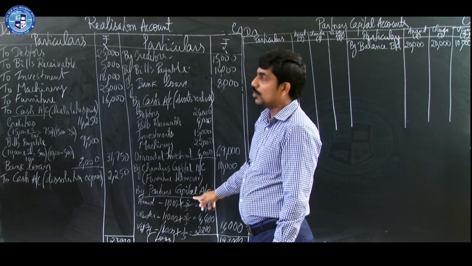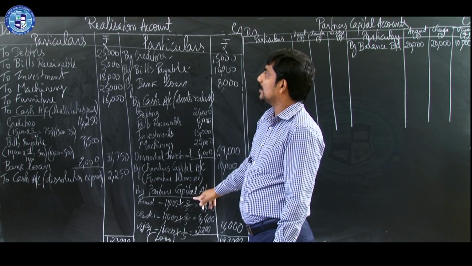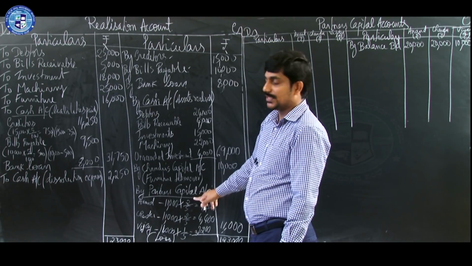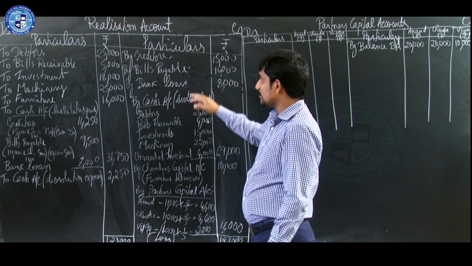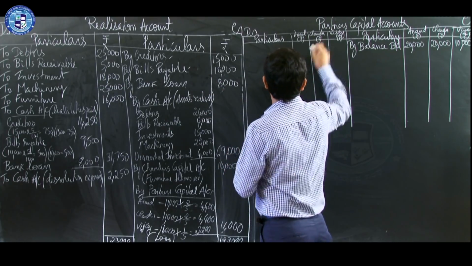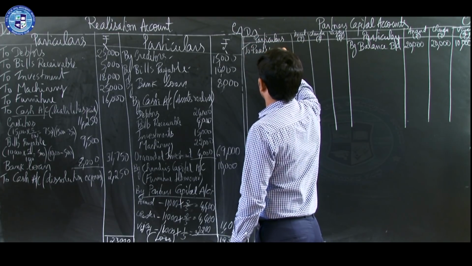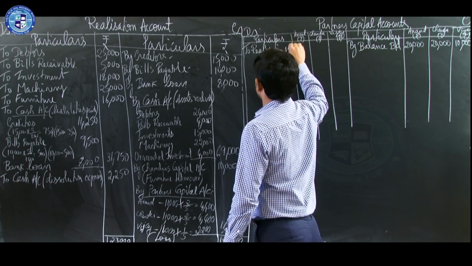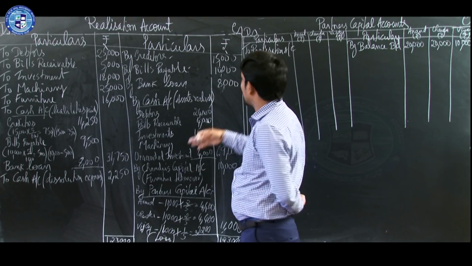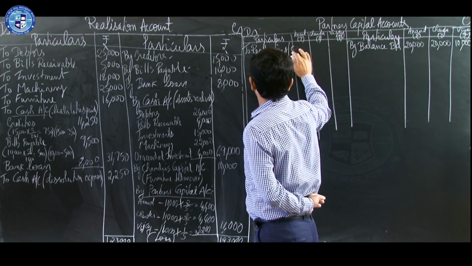So what is the entry? See, if it is a loss, what is the entry? Partners' capital account debited to realization account. In the realization account you recorded it on the credit side; when transferring to partners' capital, it goes to the opposite side, that is the debit side.